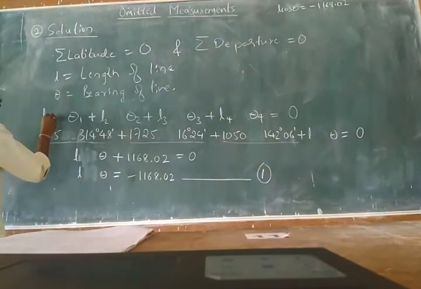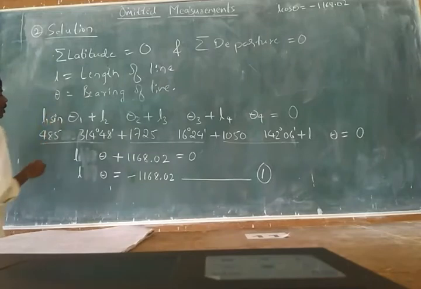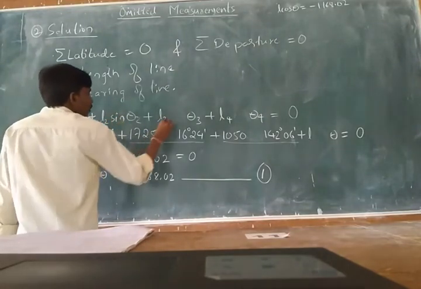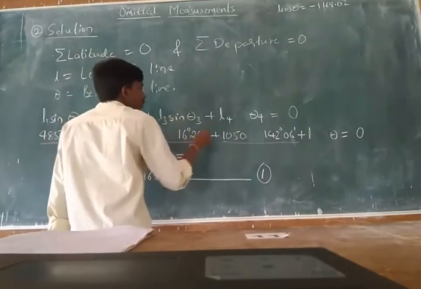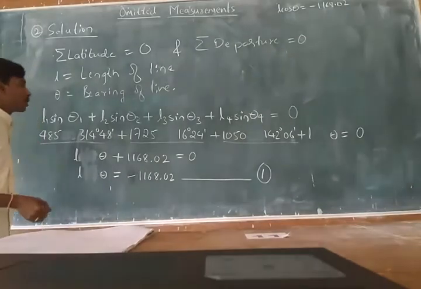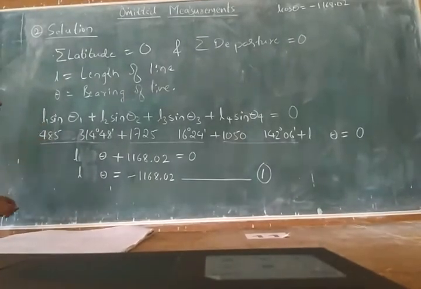See, the formula will become L1 sin theta 1, L2 sin theta 2, L3 sin theta 3, L4 sin theta 4. And now let's substitute the values as it is.